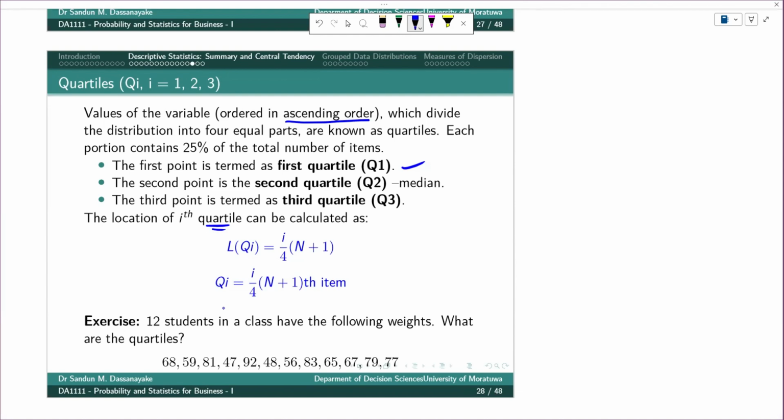So you have to find the smallest value and make it the first one. 47 is the smallest one as I see. Make it 47.